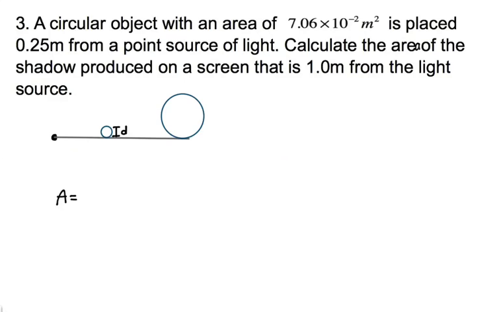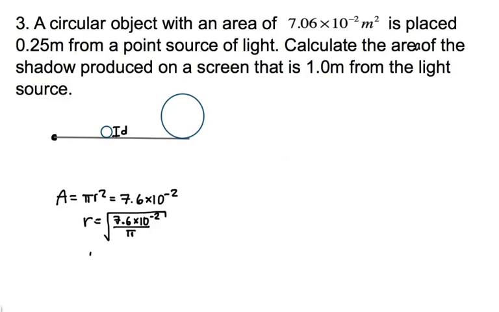So I know that area equals pi r squared, and that area is going to be 7.06 times 10 to the negative 2, and I have to solve for r. So r is going to be equal to the square root of the area over pi. There you go.